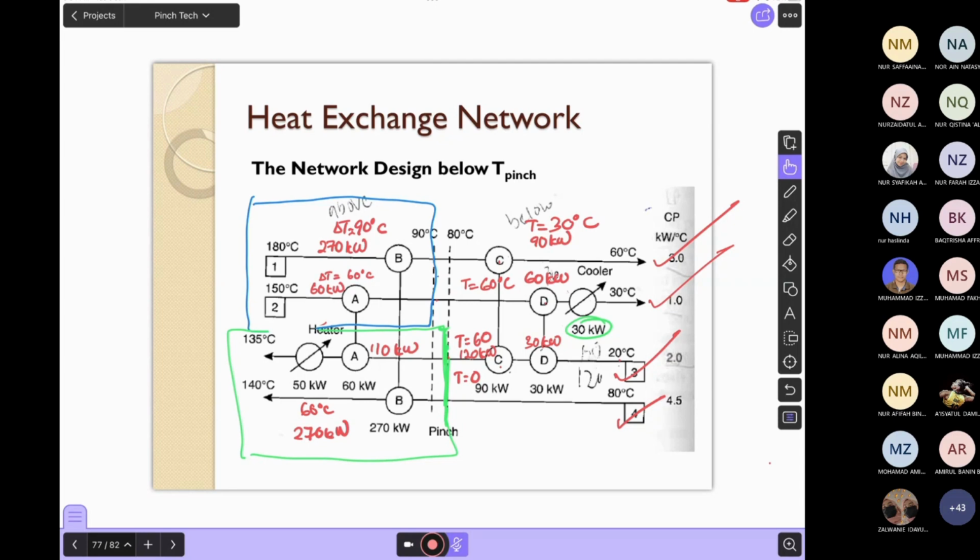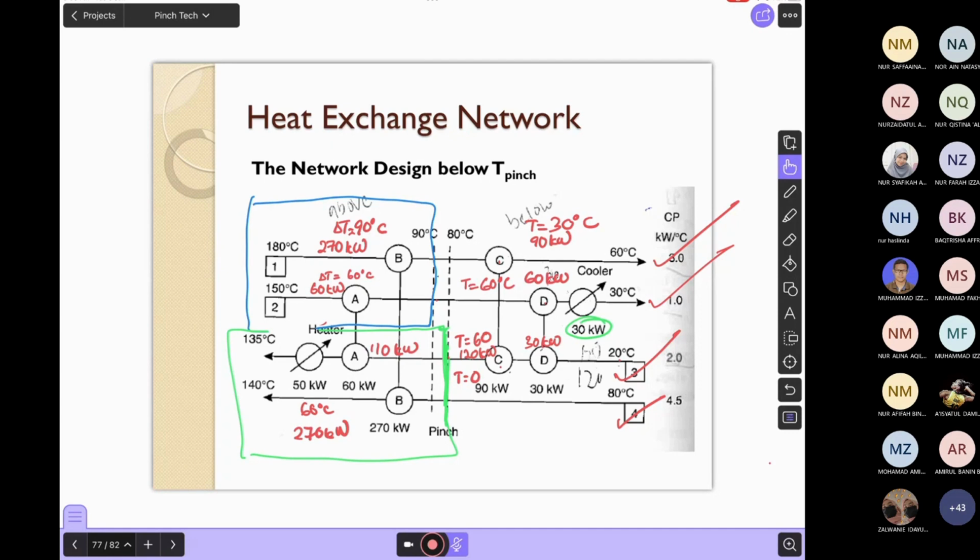If you are given delta T minimum is 10 degrees Celsius, then you are also given the hot stream pinch temperature is 90. Therefore, automatically, you should know the pinch temperature for the cold stream is 80 degree.